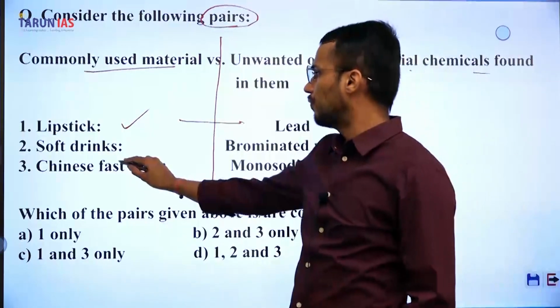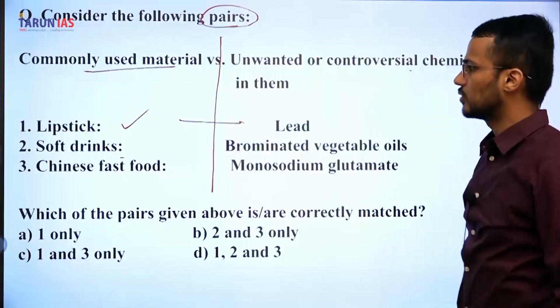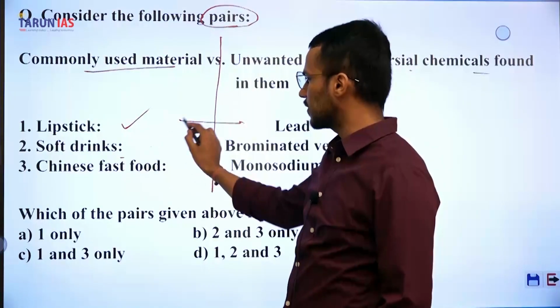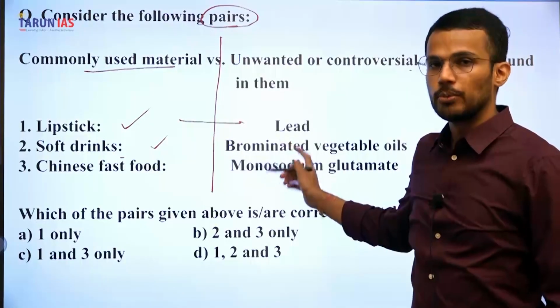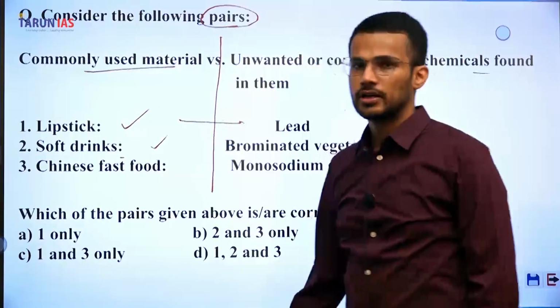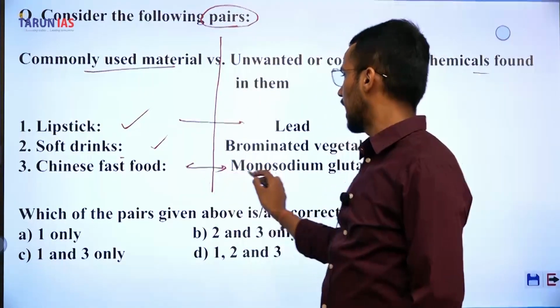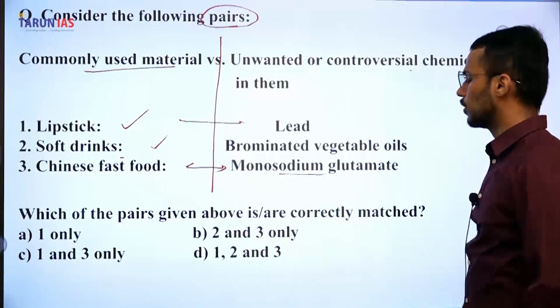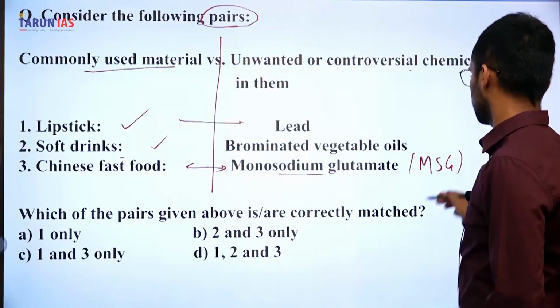Second, soft drinks and brominated vegetable oils. Yes, soft drinks, especially citrus varieties of soft drinks, use brominated vegetable oil, and that's why the second pair is also a correct pair. Third, Chinese fast food and monosodium glutamate, that is MSG.